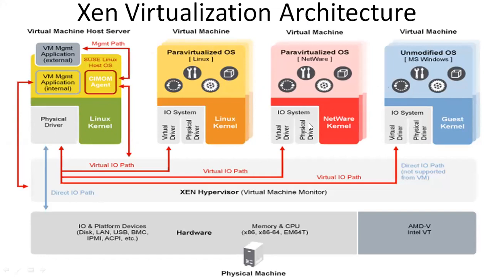You created three different machines, and on the physical server you have the virtual machine management application, internal as well as external. The application means you have some commands and other information. In this case you have the Linux host operating system and the physical drivers. This is a simple representation.